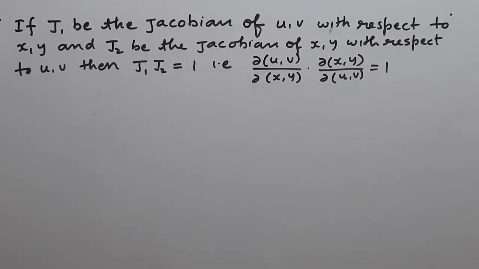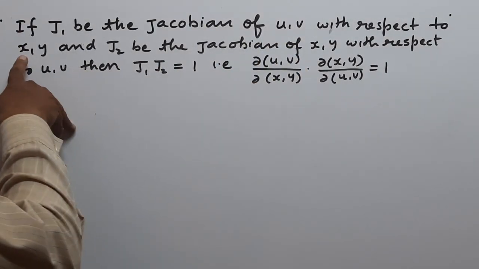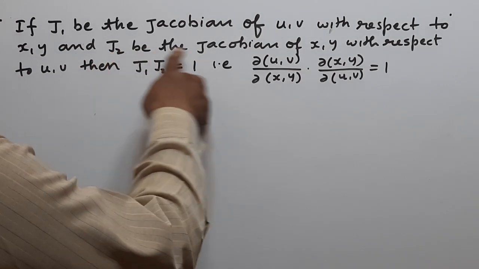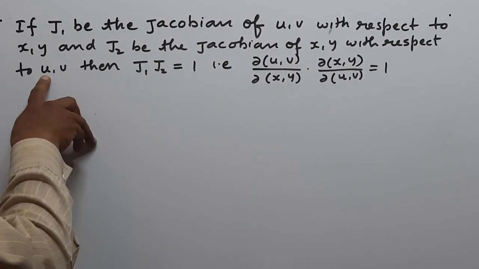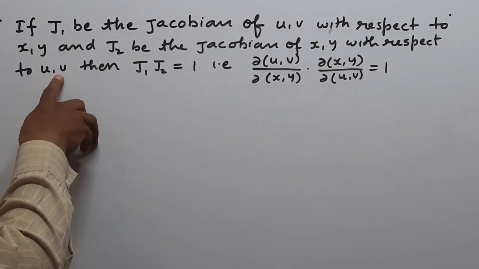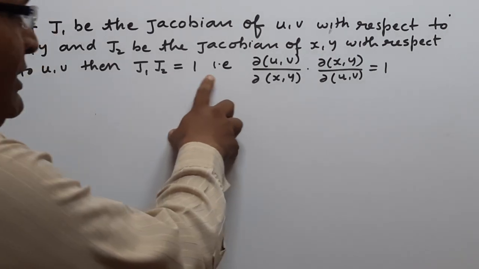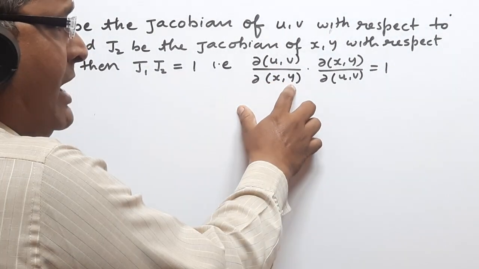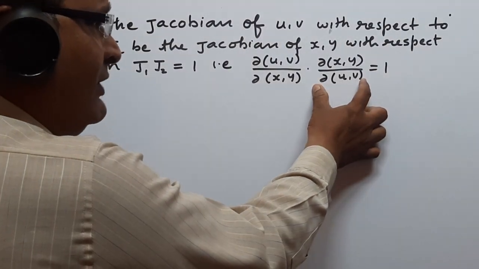If J1 is the Jacobian of the uv function with respect to two independent variables x and y, and J2 be the Jacobian of the xy function with respect to two independent variables u and v, then the product of J1 and J2 is equal to 1. That is, this is the Jacobian of uv with respect to xy and this is the Jacobian of xy with respect to uv.